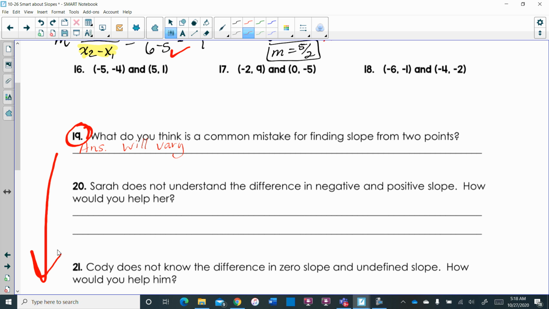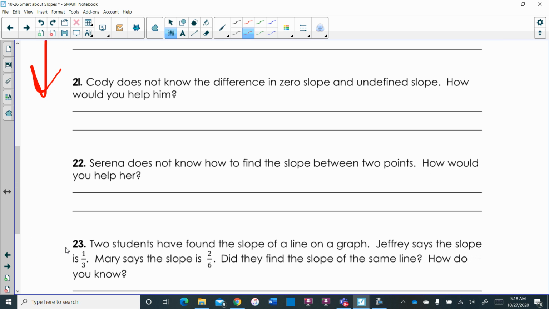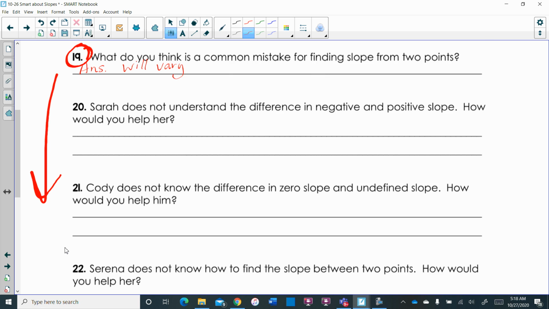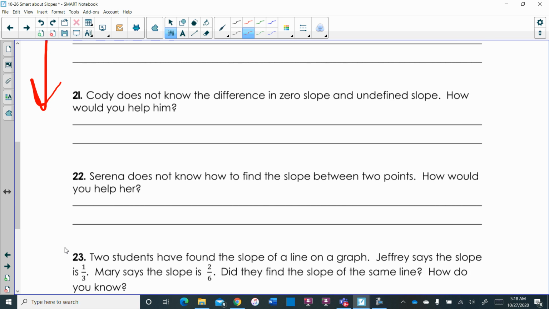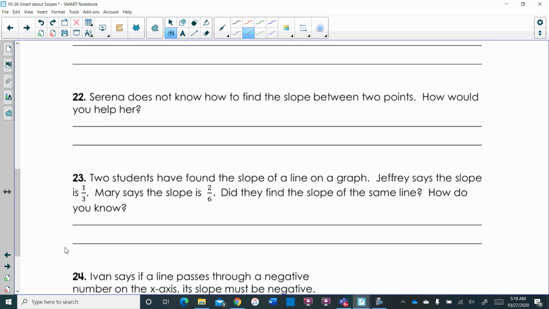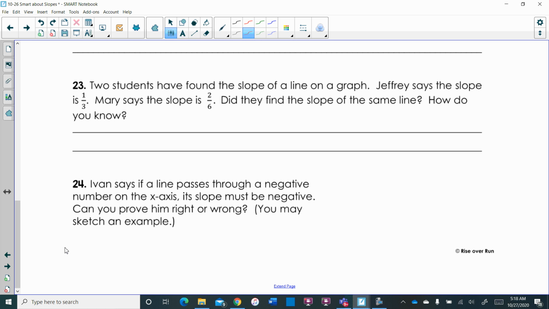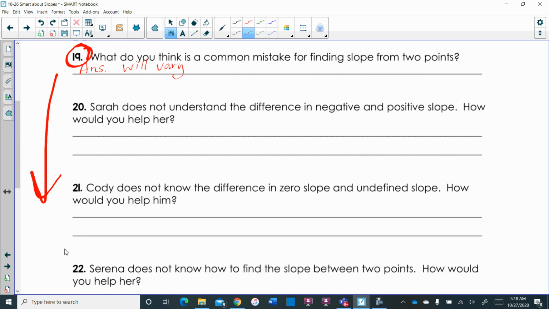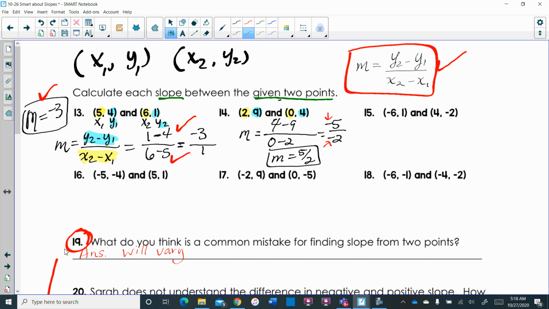I would strongly look at your notes, because it's asking you to compare student responses. What's the difference between a positive and a negative slope, or zero and undefined? Who's correct? Use your notes, and the answers can vary.